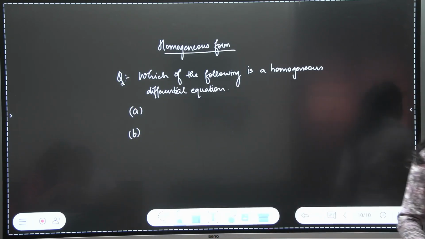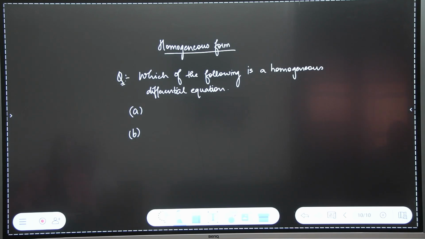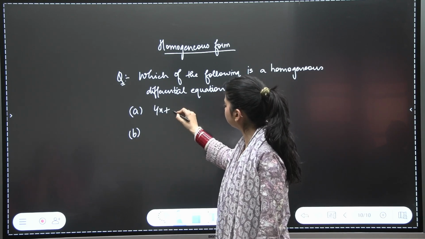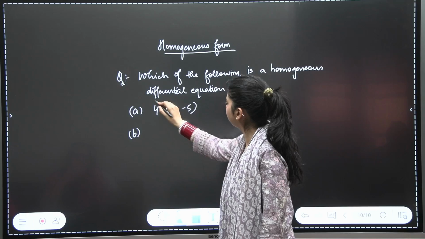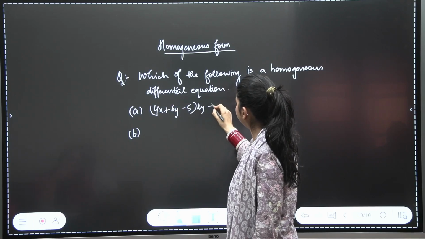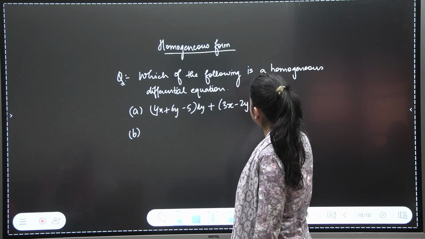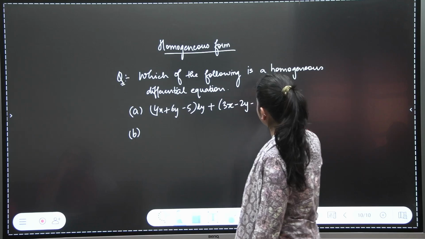The first equation: (4x plus 6y minus 5) dy plus (3x minus 2y minus 7) dx equal to 0.